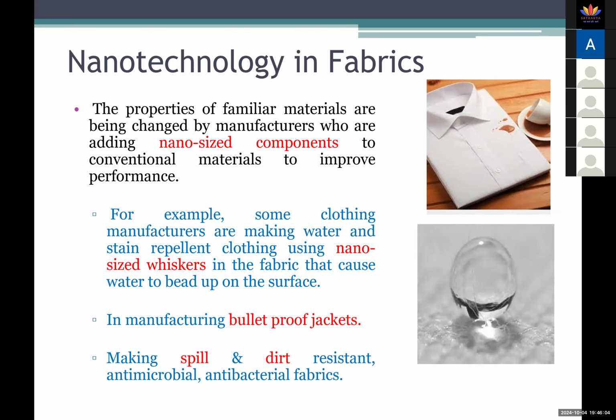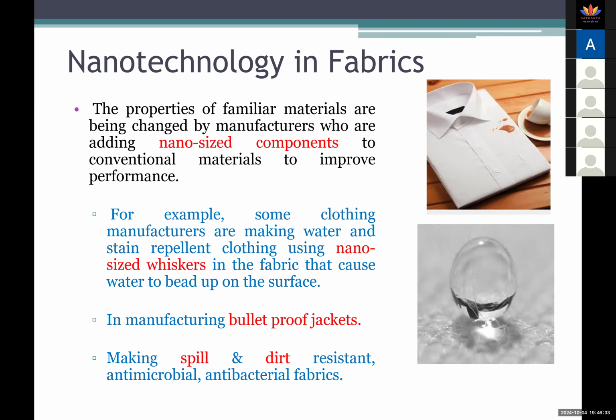See, nanotechnology in fabrics. You must have seen that if something spills on your fabric, a permanent stain will be there. But if you make a nano-size coating on your fabric, the dust or dirt will never attack the textile, so you'll never get stained. You must have seen the lotus leaf.